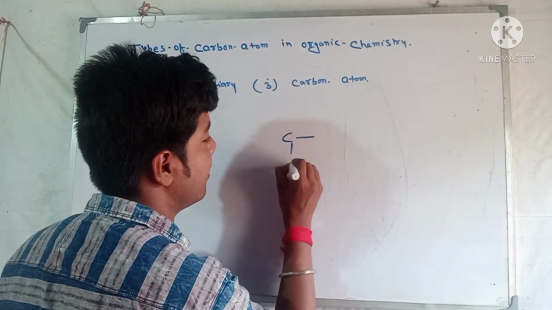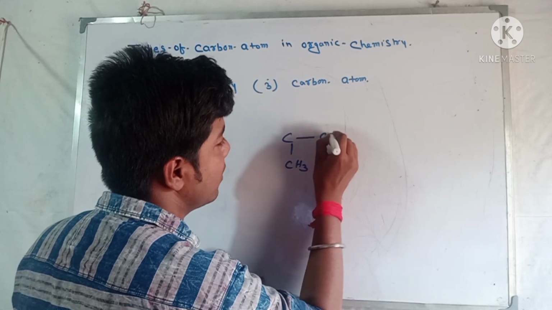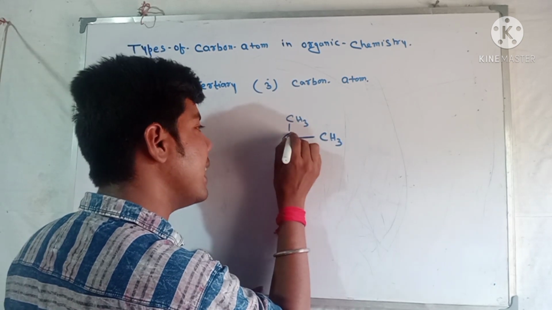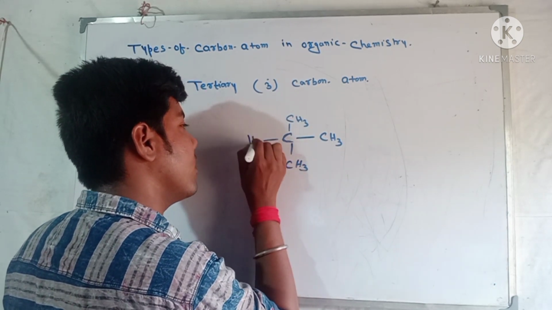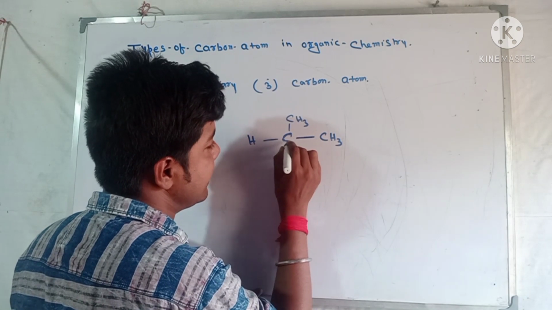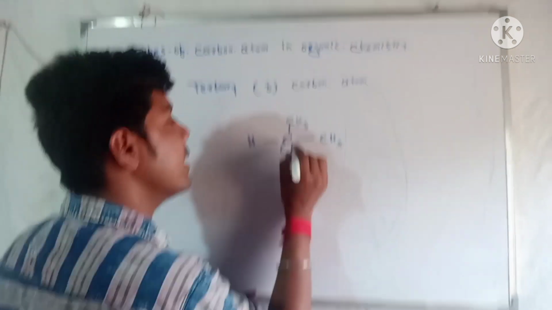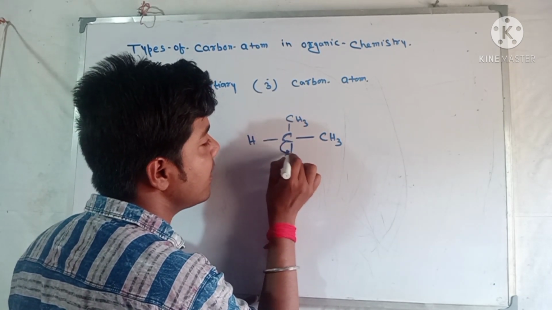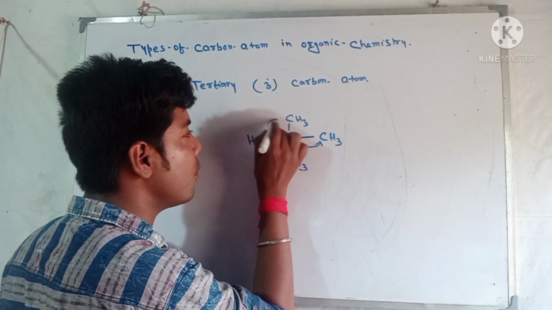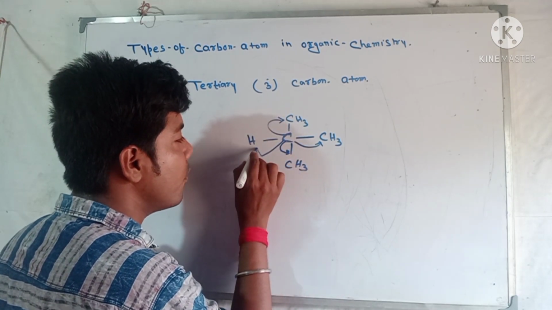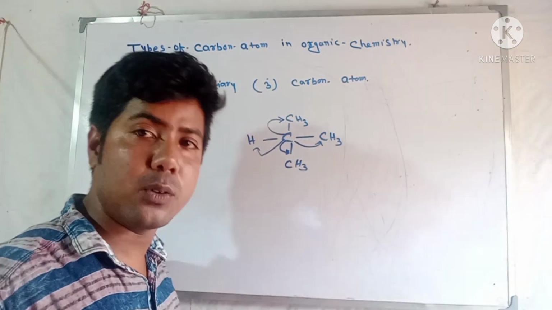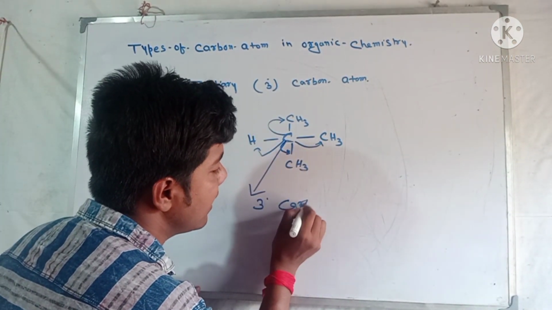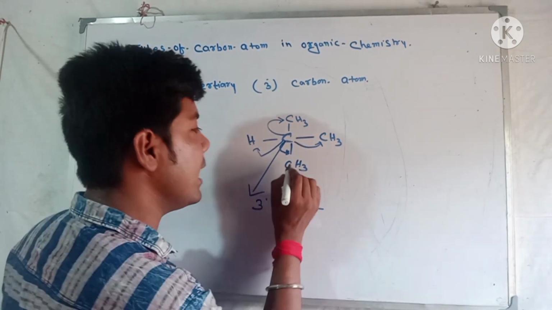This carbon is bonded with 3 carbon atoms, one here, one here, one here, and 1 valency is complete with 1 hydrogen atom. Therefore this is a 3 degree carbon atom.